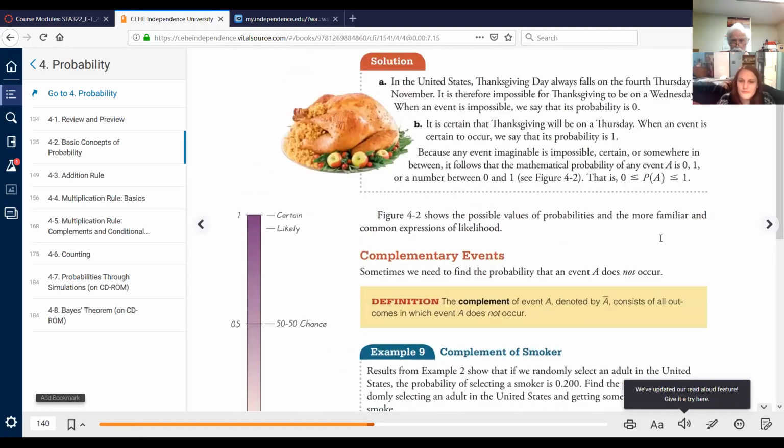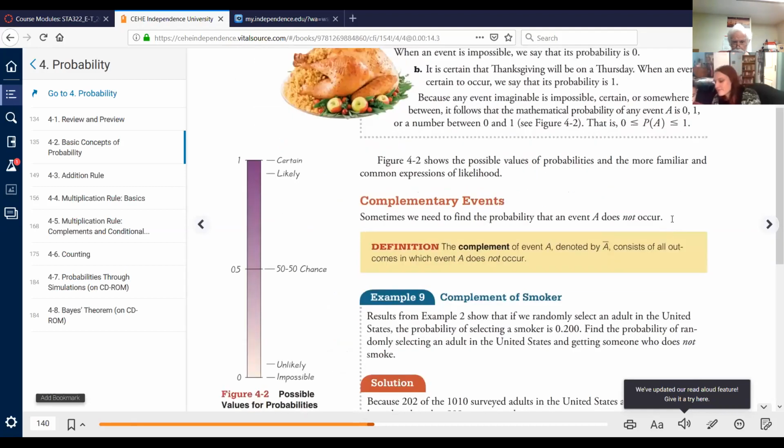But that brings us up to the idea of the complement. Okay. We talked about rolling the die and getting a 6. And we said that the probability of getting a 6 is 0.167 or 1/6. Okay, 16.7%.